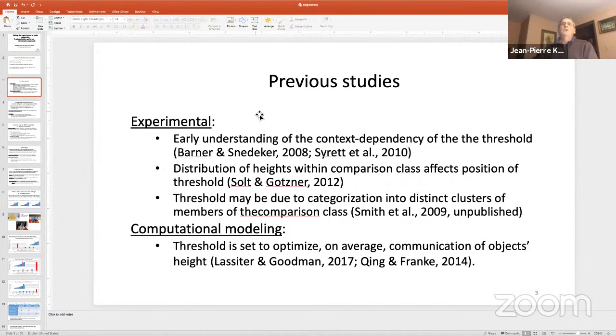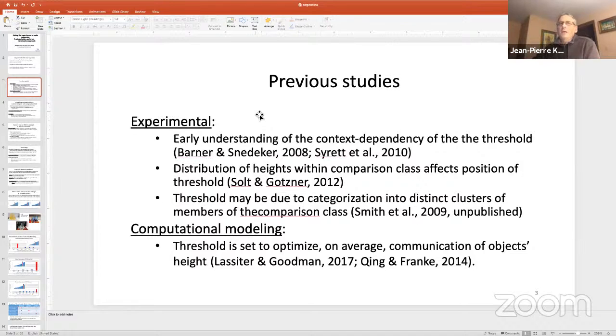Some have talked about the fact that the distribution of heights within the comparison class affects the position of the threshold. So whether you have something that is approximately normally distributed or skewed left or right affect where the threshold is located. Some have also suggested that the threshold might be due to some categorization into distinct clusters of members of the comparison class, and that will be the perspective we will adopt.